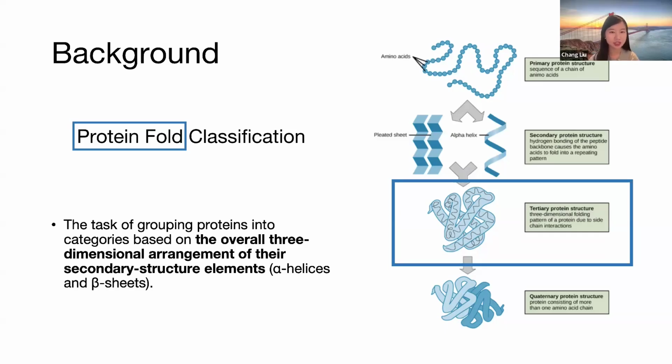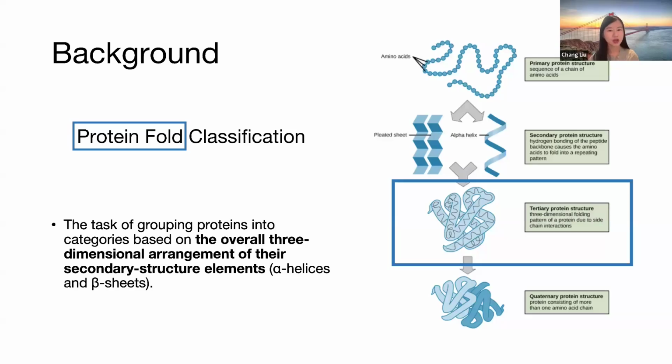Then these secondary elements pack together into a unique three-dimensional tertiary structure driven by side chain interactions. Finally, quaternary structure arises when multiple folded protein chains assemble into a functional complex.